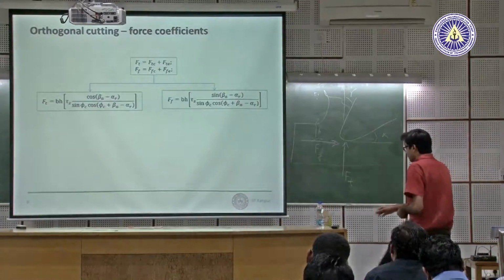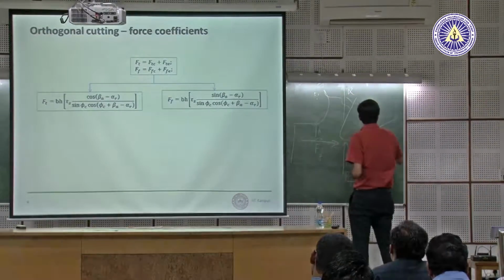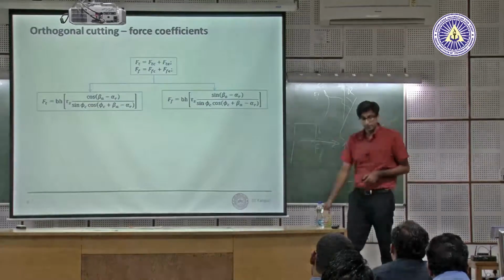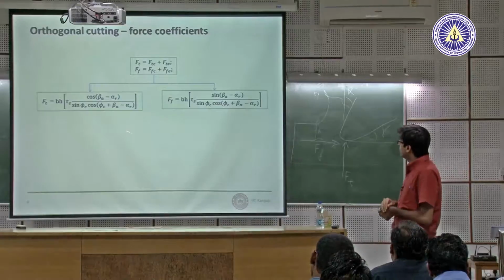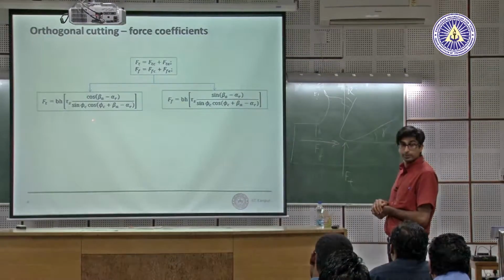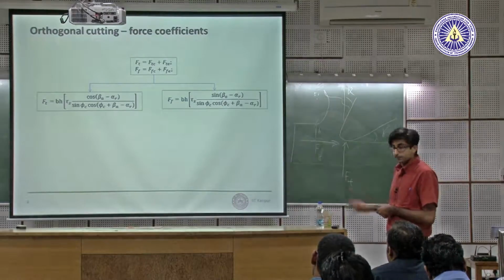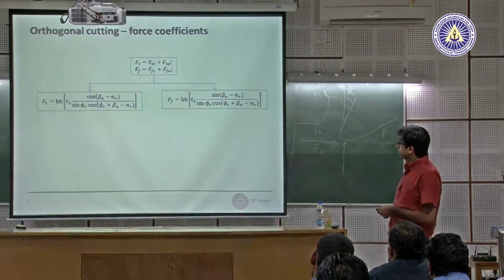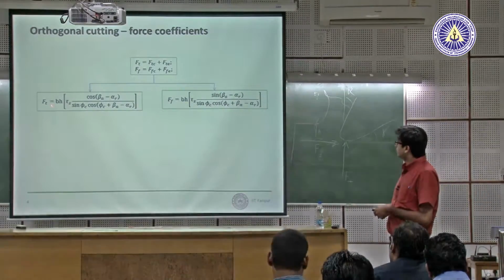Yeah? So this is alpha, and let's make this gamma, for example. Yeah? Alpha is your rake angle, and you have also the shear plane angle, phi. Yeah? This is for orthogonal cutting. And tau s is your shear stress.